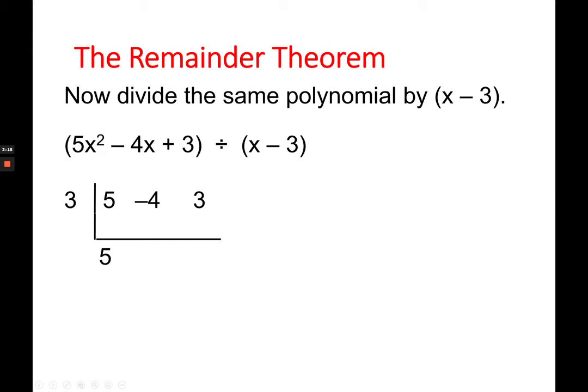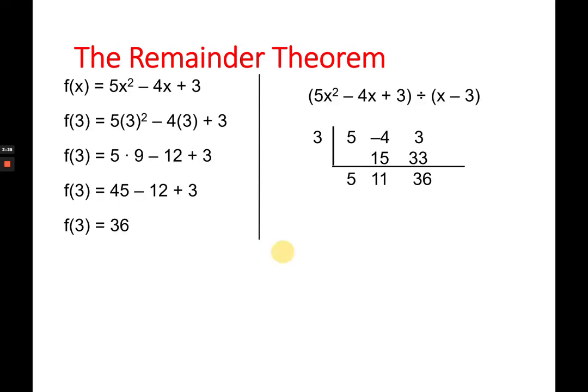Bring down 5, 5 times 3 is 15, add to negative 4, 15 minus 4 is 11, 11 times 3 is 33, 33 plus 3 is 36. Do you remember the result a while ago when we computed f of 3? Here it is. It's 36.